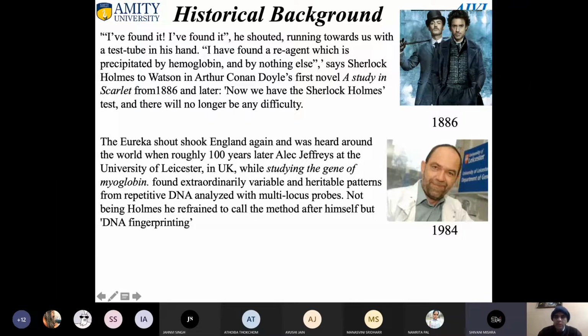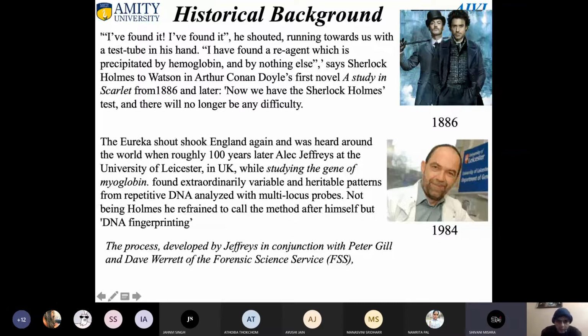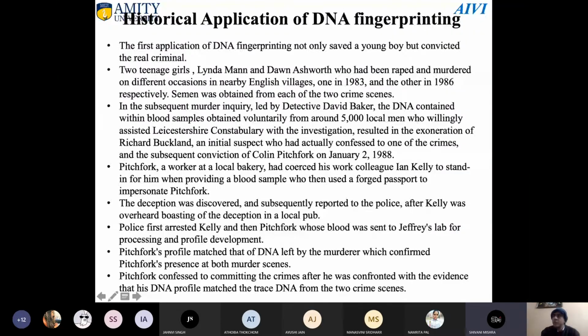So continuing the history, where it is going to be utilized: the process developed by Jeffreys in conjunction with Peter Gill and Dave Werrett of the Forensic Science Service. Still continuing the history, this is where Jeffreys' work of DNA fingerprinting came into the picture.